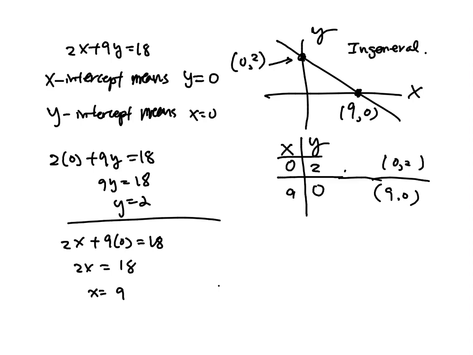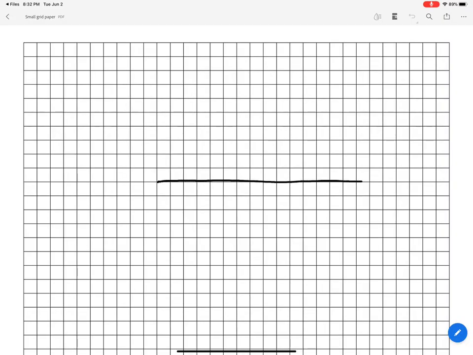So you look kind of like this. 0, 2, and 1, 2, 3, 4, 5, 6, 7, 8, 9. 9, 0.